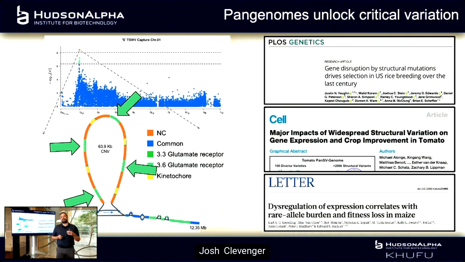And until we were able to use a pangenome approach, we couldn't understand what was the underlying functional variation that controlled that resistance. And as soon as we were able to use a pangenome, it popped right out, and it ended up being this 64 kilobase tandem repeat that was completely invisible before that. So when you think about the power of the pangenome, it's about the ability for you to see more. It's essentially, when I worked in conservation, I was always trying to get better binoculars, right?